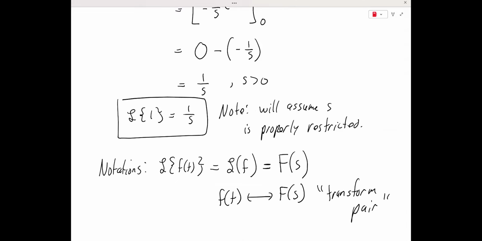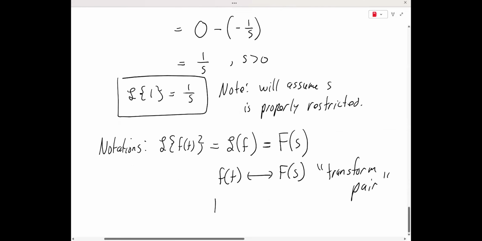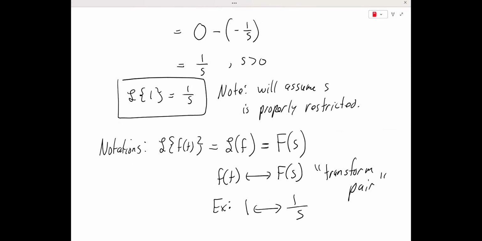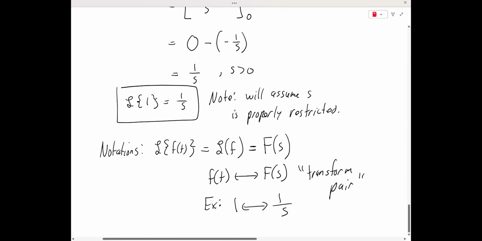So if this is 1, then that'd be 1 over s. So you can write them as a pair like that. For example, 1 goes to 1 over s. So there are just different ways to write it. The Laplace transform of 1 is 1 over s.